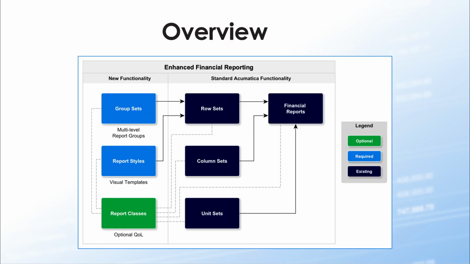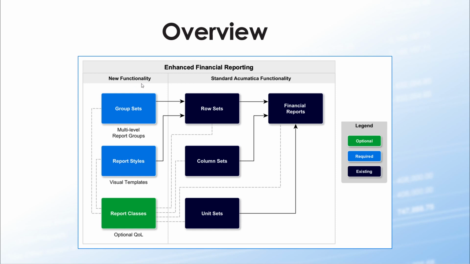So as I just said, here's an overview of the main functionality of the product. In the bright blue boxes, we can see the two main building blocks. When you want to build a new row set, instead of manually adding all the lines, what you do is define a group set.